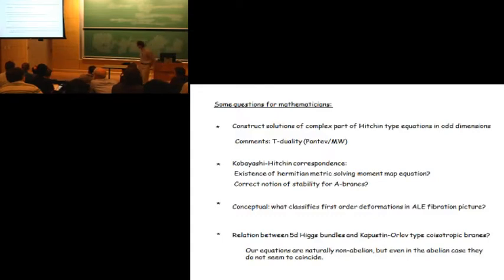And then there's another thing that I've been puzzled about, these 5D versions of Higgs bundles. The spectral cover corresponds to some kind of coisotropic brane. But there's another type of coisotropic brane that's been in the literature, the Kapustin-Orlov type coisotropic brane. And while they're both coisotropic, the equations for them actually look rather different.